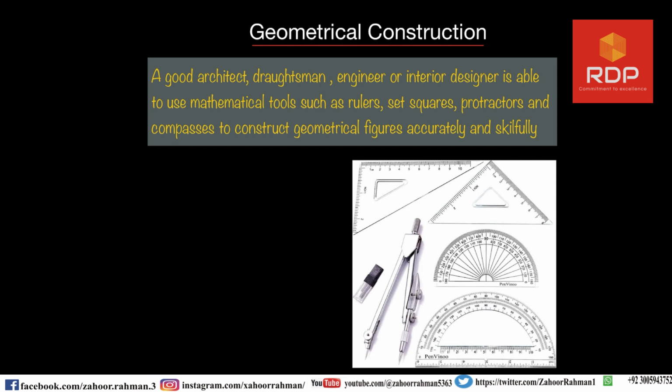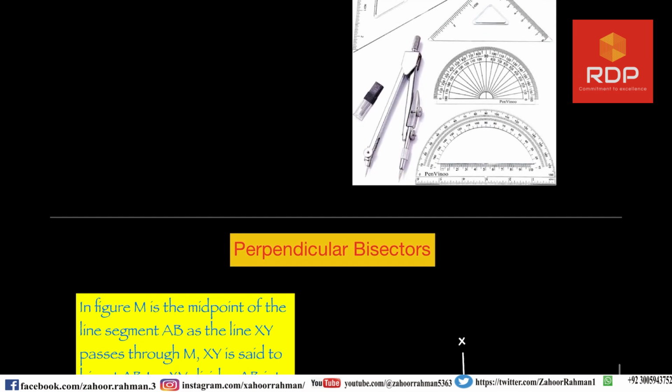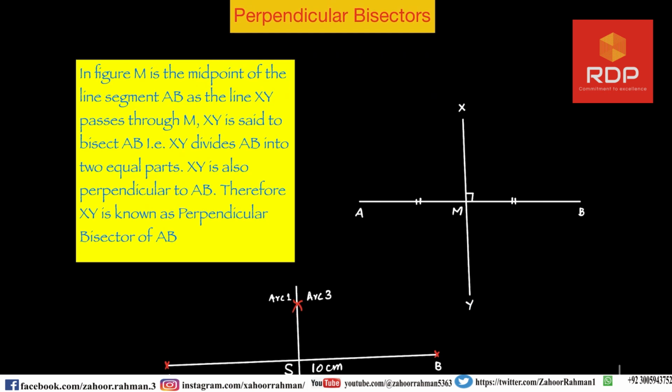So here we will also try to solve our problem, so don't go anywhere, stick to this lecture. Okay, first of all we have to learn perpendicular bisectors. We will practically do that in a moment, but first let us understand what a perpendicular bisector is.